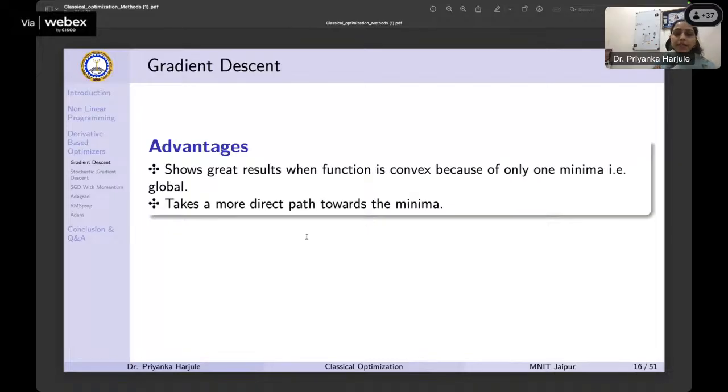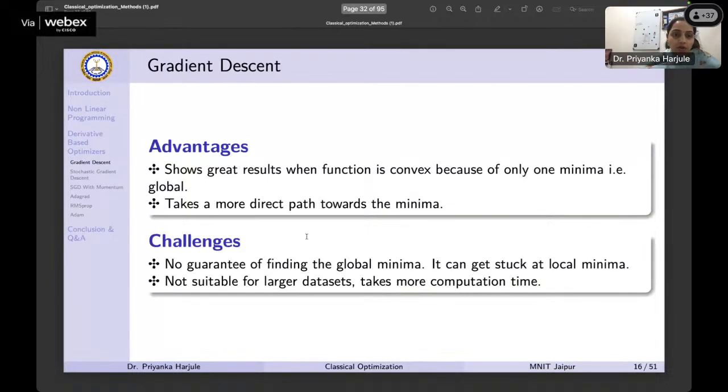And gradient descent also works on the steepest descent direction with the help of gradient, so it takes a more direct path towards the minimum. So we are also sure that the path that we take towards the minimum is the path that is pointing to the steepest descent. There can be no other path that is so direct in pointing towards the minimum. Such is the theoretical robustness behind this gradient descent algorithm.